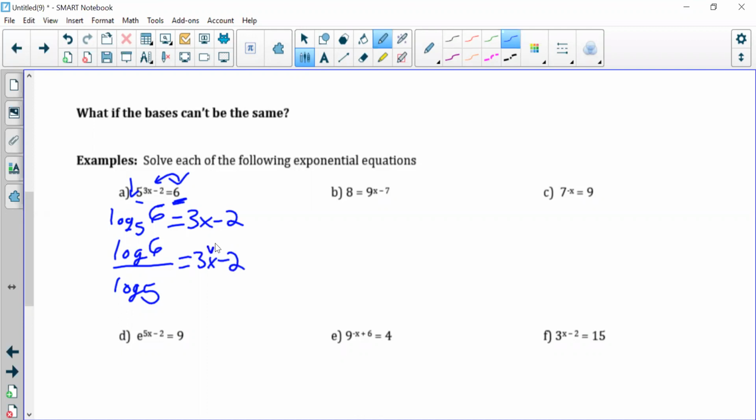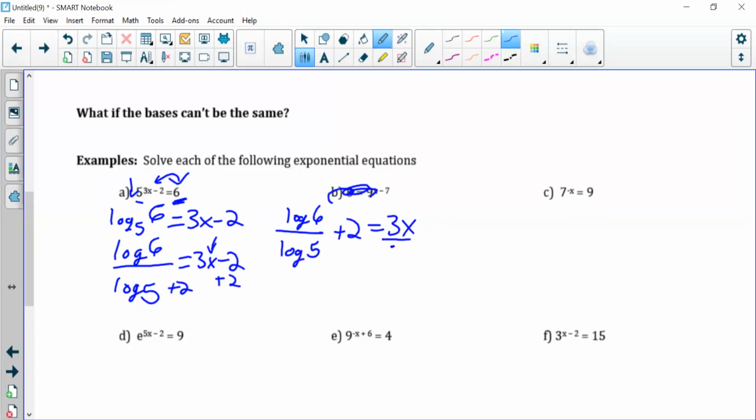We want x by itself, so this works just like anything else. We're going to add 2 to both sides, so plus 2. So then we have the log of 6 over the log of 5 plus 2 is equal to 3x.